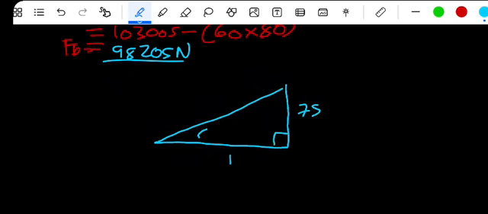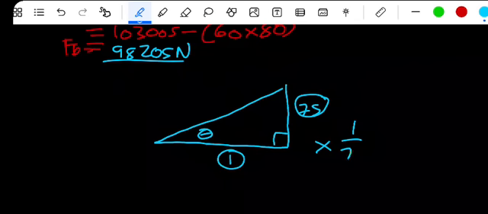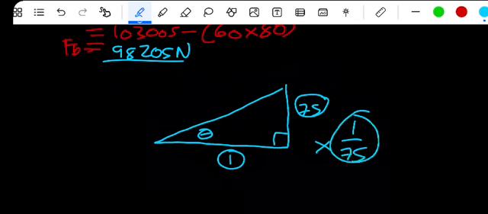Then you have to find this theta by using tan, opposite over adjacent, or you can multiply by the slope, 1 over 75. You can multiply by the slope, or you can find the angle, which will be tan.